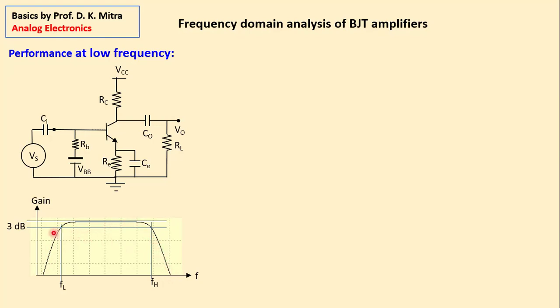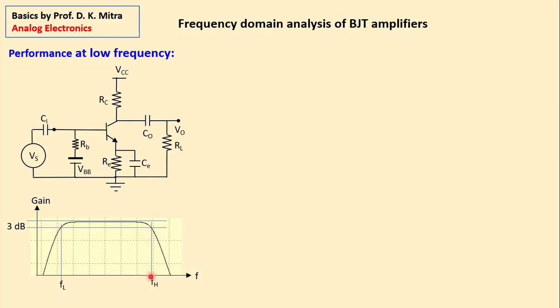Now, we have defined 3 dB bandwidth, we call it. We have measured it, you remember, if midpoint gain is, say, 100 dB, then 3 dB less than 100, that means at 97 dB, the two frequencies are called lower cutoff frequency and upper cutoff frequency.